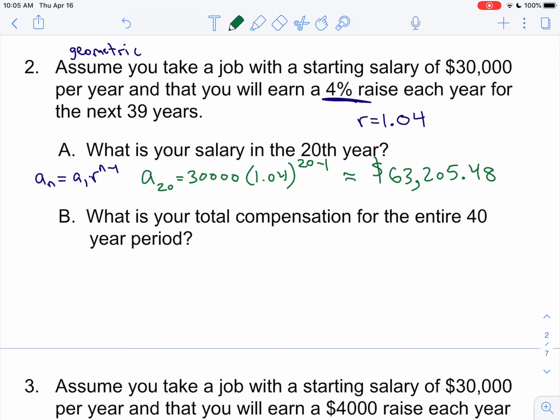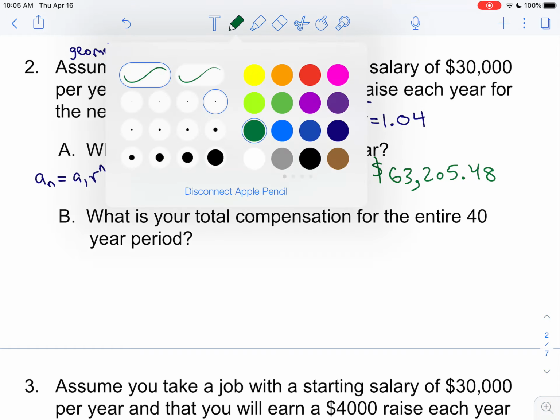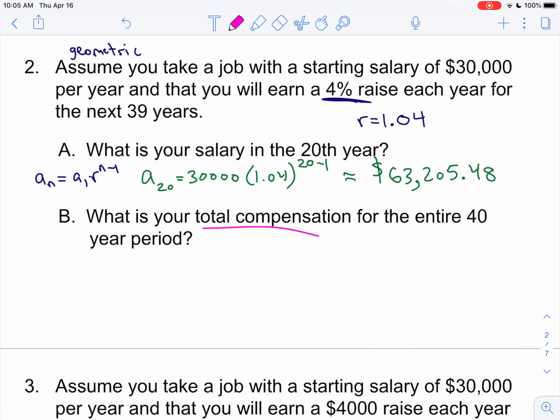So now part B, your total compensation. Now we're looking for a sum. So I'm going to write down your sum formula for you. The sum of n terms is first term times 1 minus r to the n over 1 minus r. There's lots of ways we could type that in, so I'll give you a reminder there.